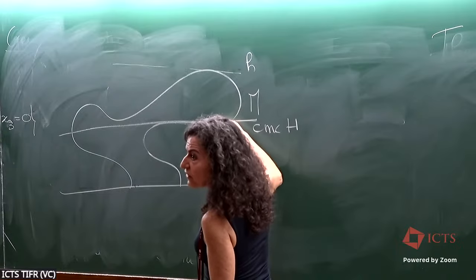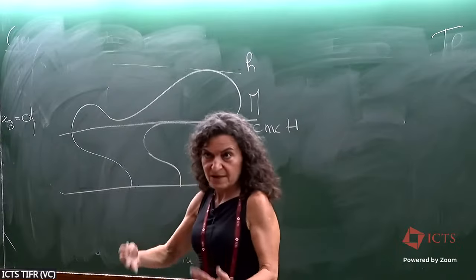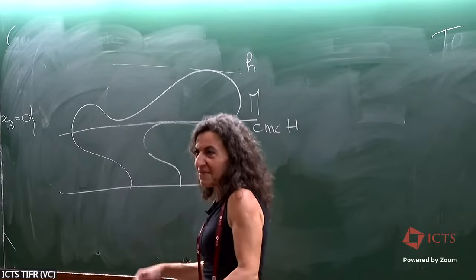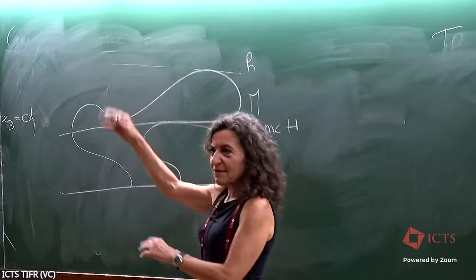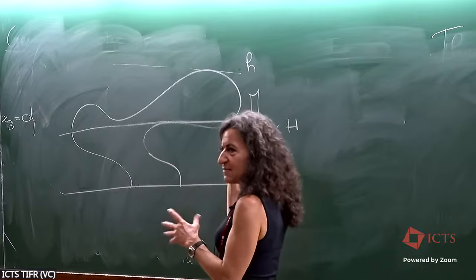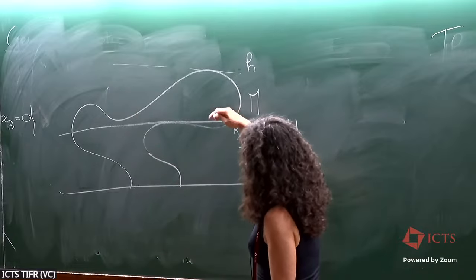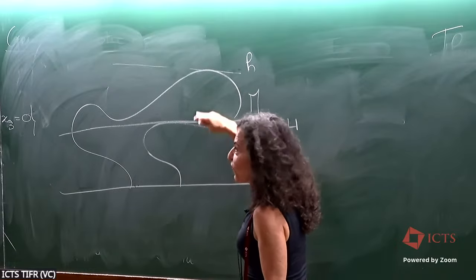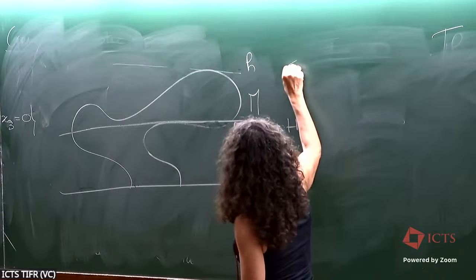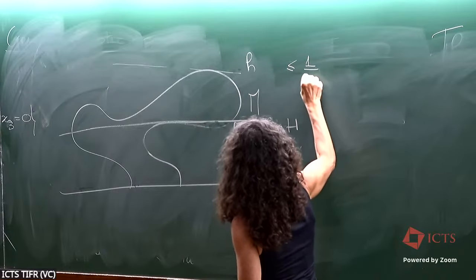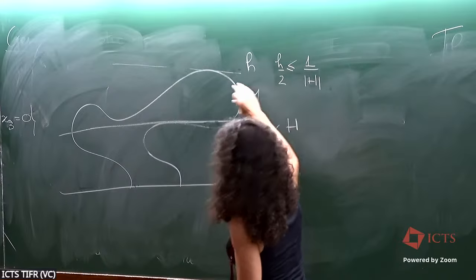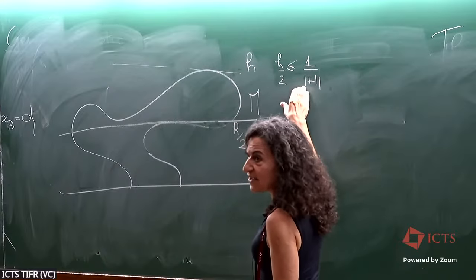Okay, you can prove it. Not directly using the maximum principle, but in some sense. So you can prove that it is a graph for this first half. So the height is less than or equal to 1 over H. So you have this, because the height of the graph is H over 2.